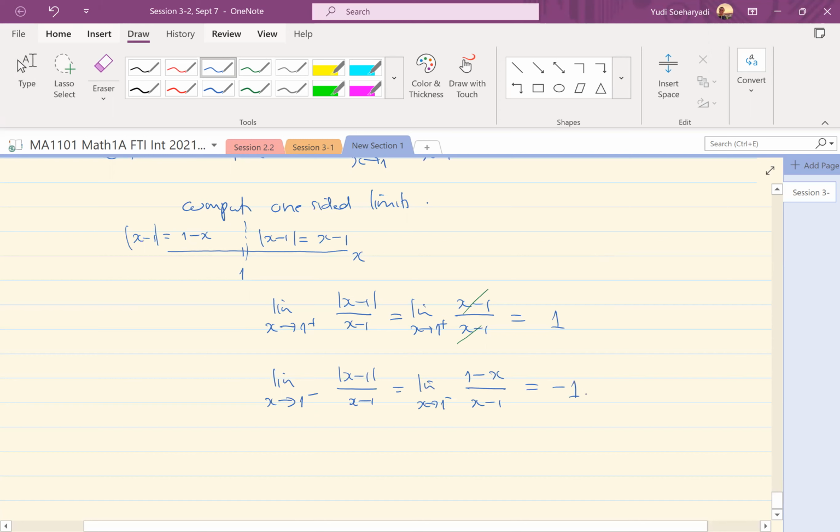Okay, so even though the one-sided limits exist, they don't agree. So the conclusion is that this limit does not exist. Okay.